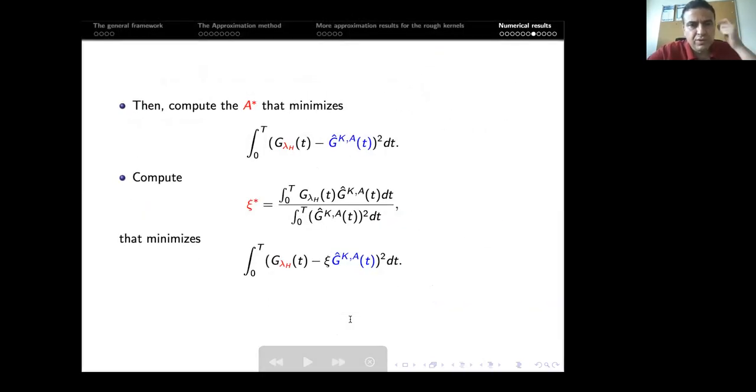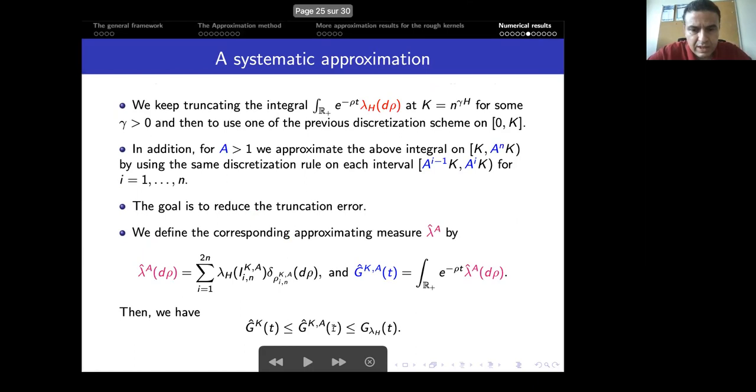Then, at first, we propose to choose a star, the optimal a, to minimize the distance, here the distance between the true kernel and our approximated kernel integrated between 0 and t first. And then, as I told you before, we still have a gap here. Of course, this is better than this one, clearly.